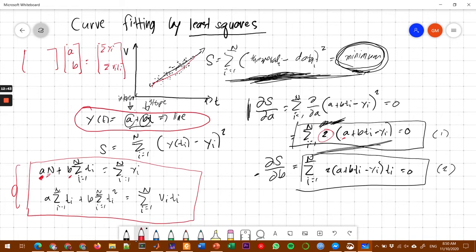This one is the coefficient of A, the coefficient of B. This is the summation of t_i, and this is the summation of t_i squared. Right? So we can now solve for A and B. In return, we can solve for the equation of a line. So we now have our best fit.